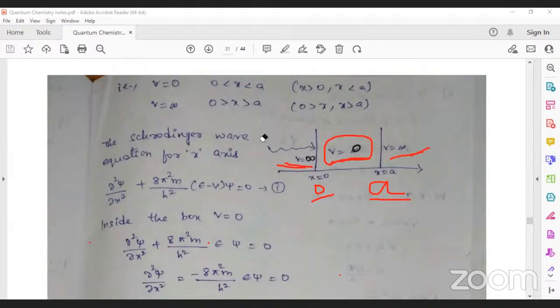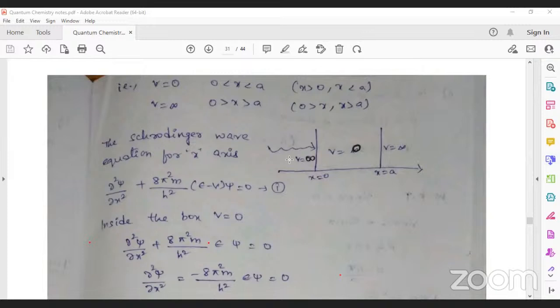Whenever the particle moves in a one-dimensional box along the positive x direction, the energy and wave function should be determined. See, the Schrodinger wave equation for the x-axis only. Whenever we derive the Schrodinger wave equation, it is applicable for three axes.